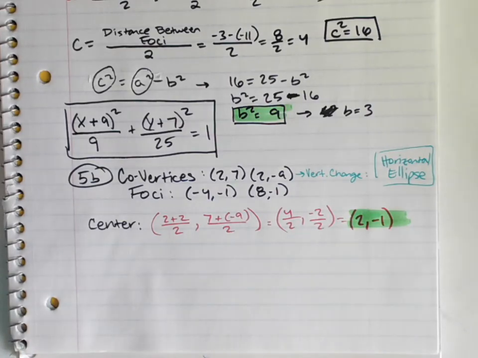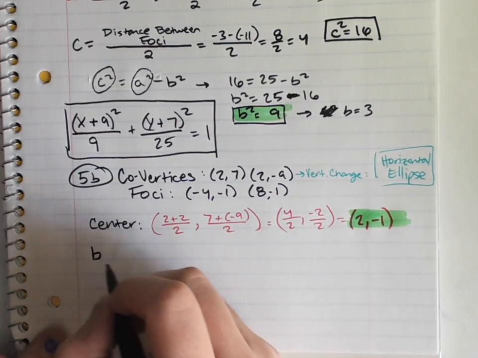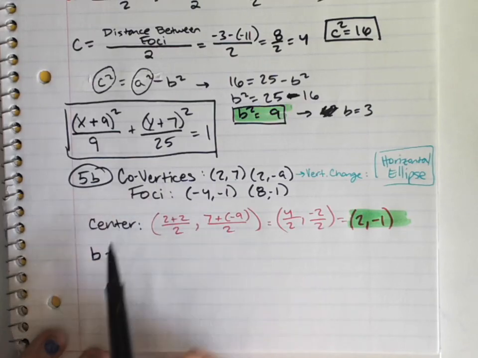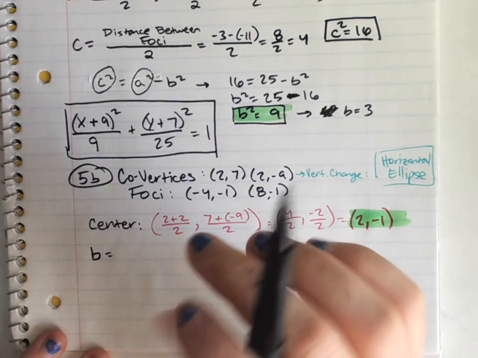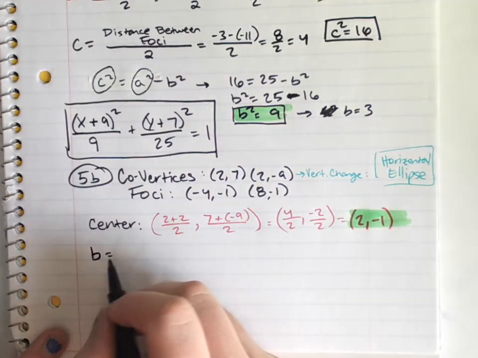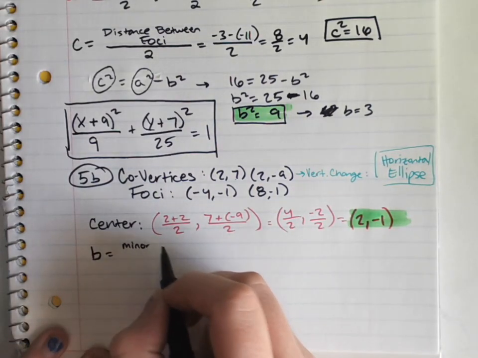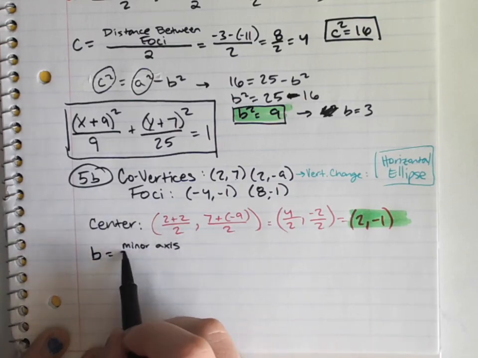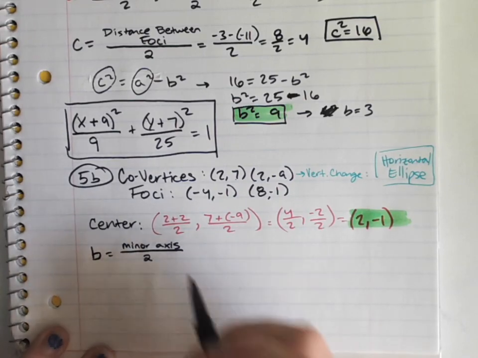Now we should find our B. Why are we finding our B instead of our A? Well, we can only find A if we were given our vertices. We were given co-vertices. Those are the smaller ones. So B is the minor axis cut in half.